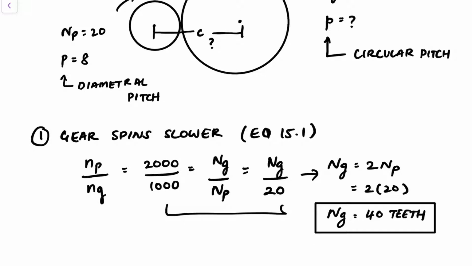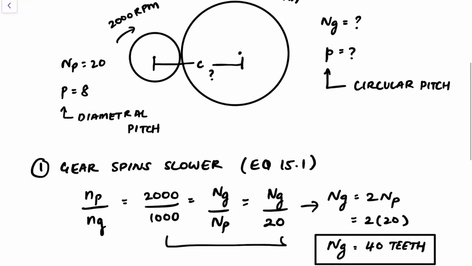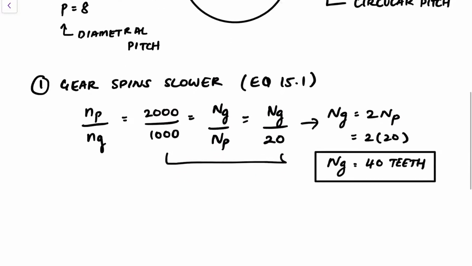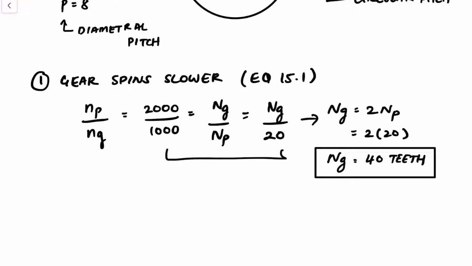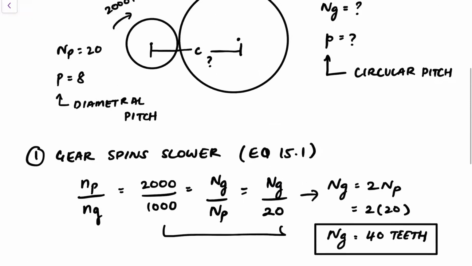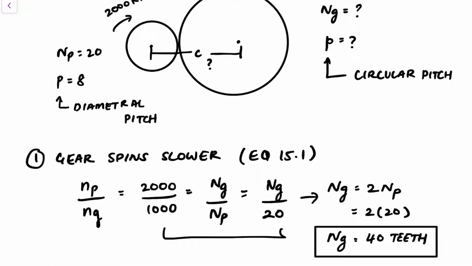All right. So now for the second part, we need to calculate the center to center distance, or the theoretical center to center distance. The reason we say it's theoretical is because here we make the assumption that the two gears mate at the pitch diameters or the pitch line.